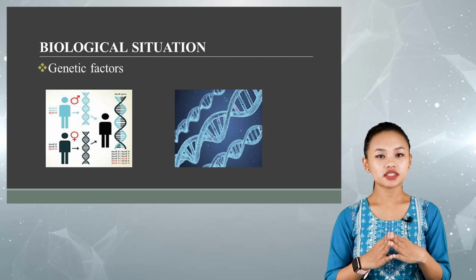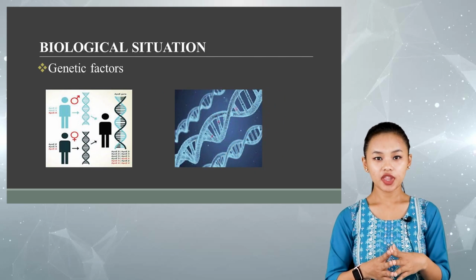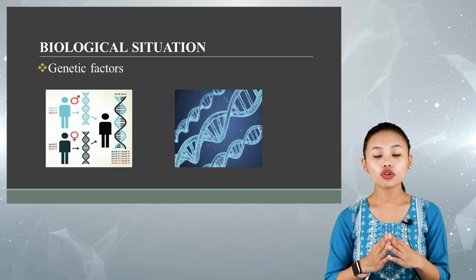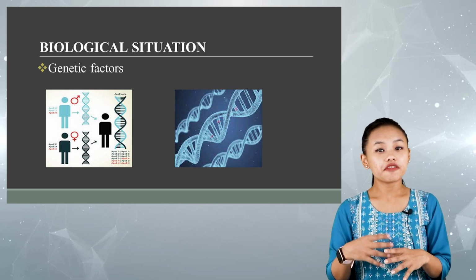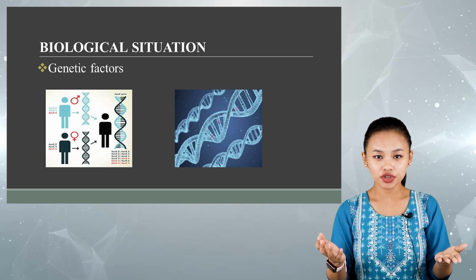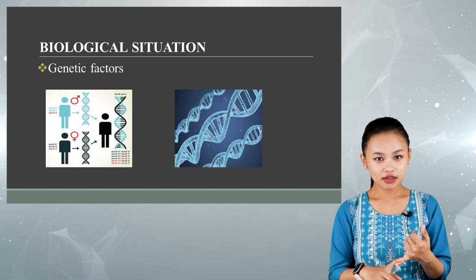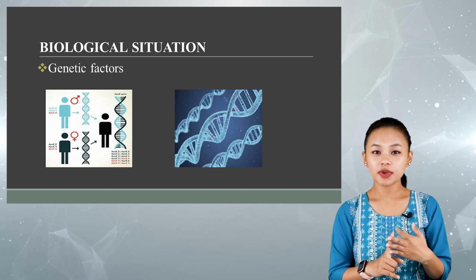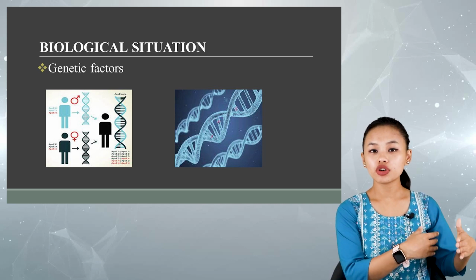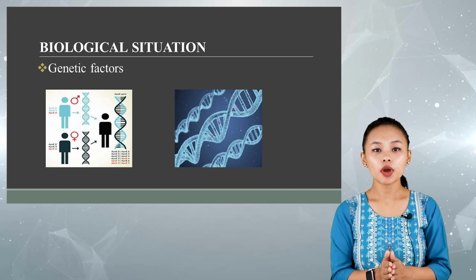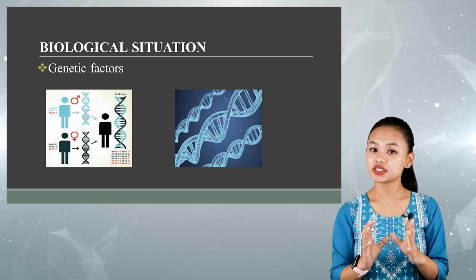The next is the genetic factor. Here, genetics also plays a major role in developing illness. For example, a family who has a history of mental retardation and diabetes can also lead the future offspring to develop the same kind of diseases.